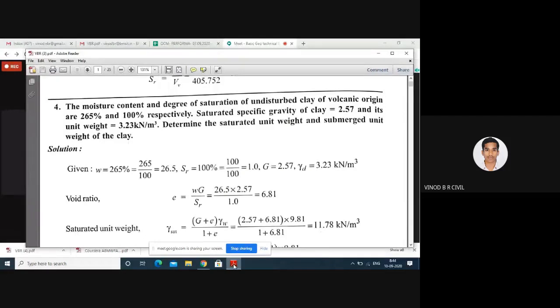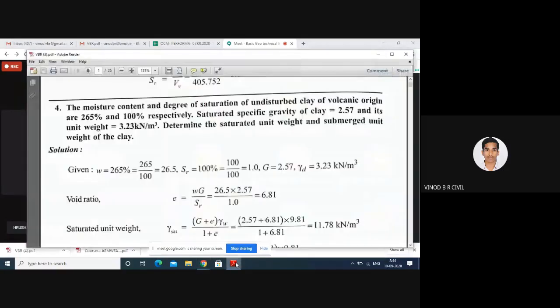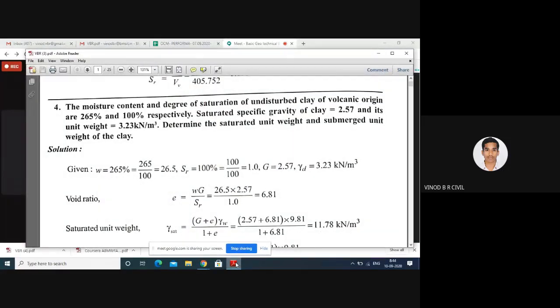The degree of saturation is sometimes given as 100 percent or as 1. The specific gravity G equals 2.57. The dry unit weight, gamma D, is 3.23 kilonewton per meter cube. Saturated unit weight is gamma sat, and submerged unit weight is gamma sub.